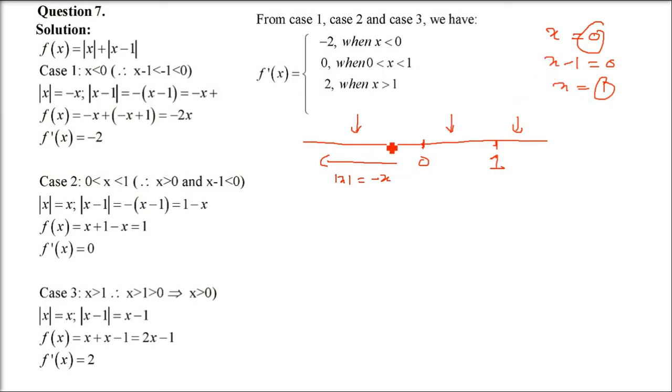Say minus 1. So it will give you negative of x minus 1. So when you remove the mod, mod x minus 1 will be negative of x minus 1.